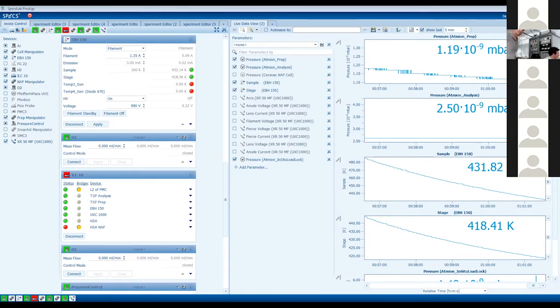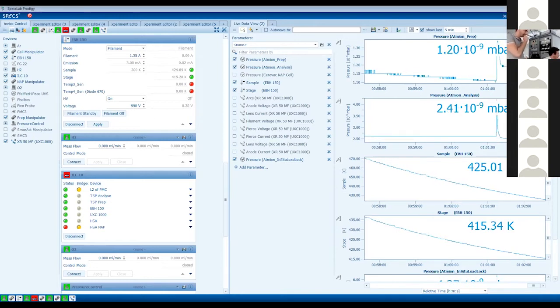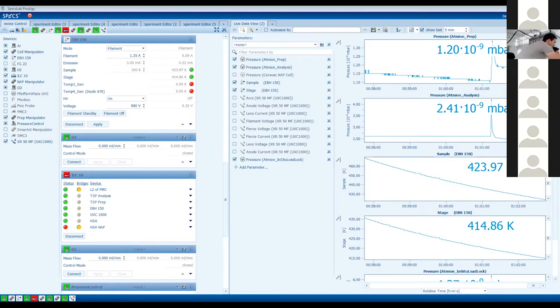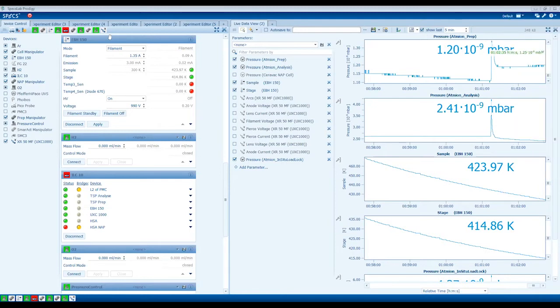So now the sample is in the preparation chamber. You can see a little diagram here. In order to show you, we need to switch the screen.